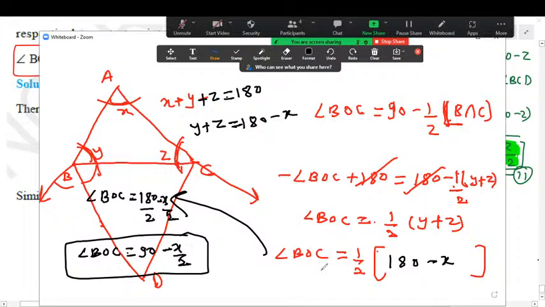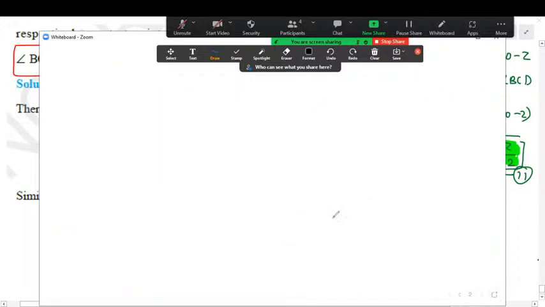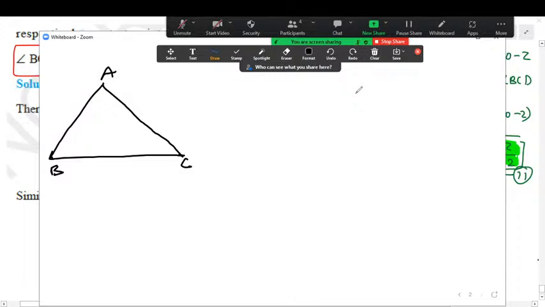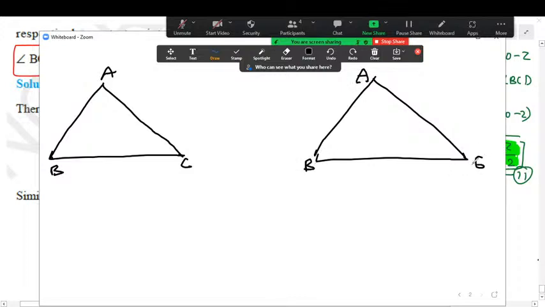Yes, sir. Yeah. I'm just telling you two varieties of question. Now we have solved this question that you were given with this triangle ABC. One more variety exists. We are given the same triangle ABC, but here you are not bisecting the exterior angle, you are bisecting the interior angle in the second case.